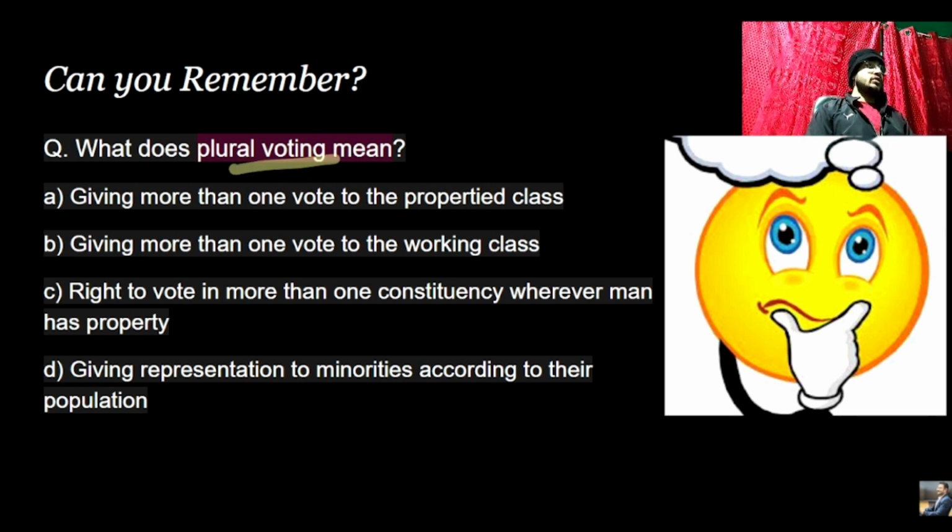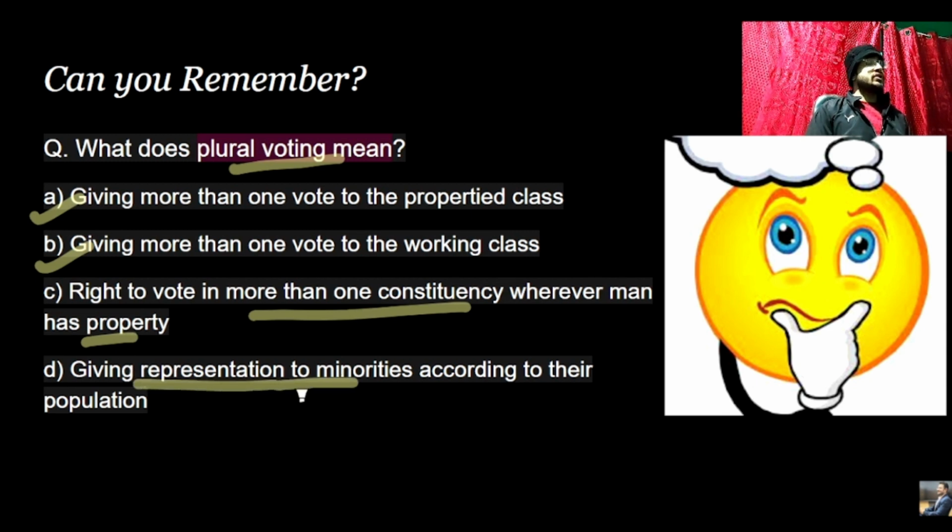Option A is giving more than one vote to the propertied class, option B is giving more than one vote to the working class, option C is the right to vote in more than one constituency wherever a man has property, and option D is giving representation to minorities according to their population. Your time starts now.